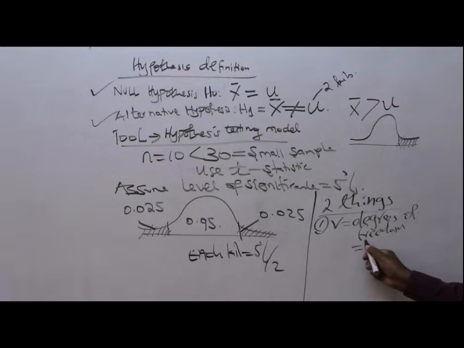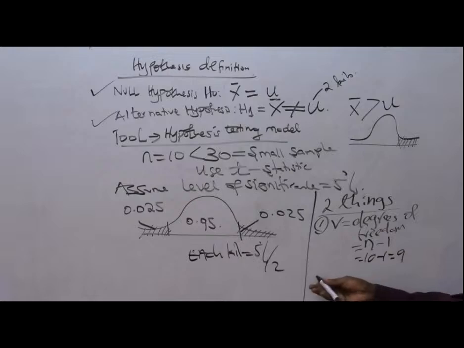To get degrees of freedom V, we normally talk of n minus 1. So n in this particular case, we're told n is 10. So it will be 10 minus 1, which gives me 9.